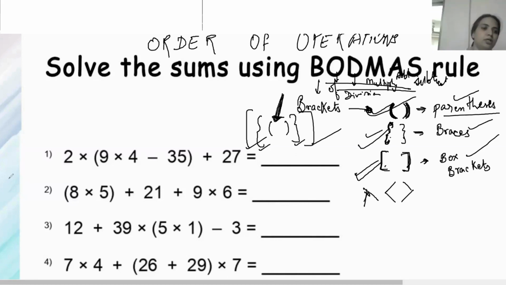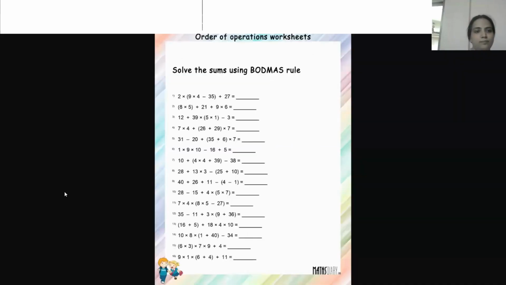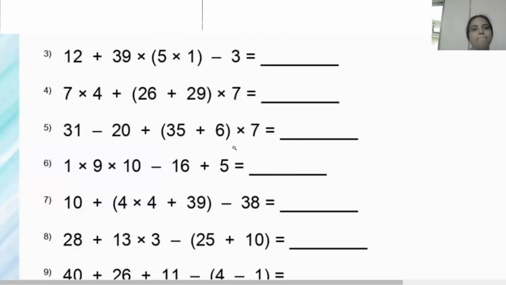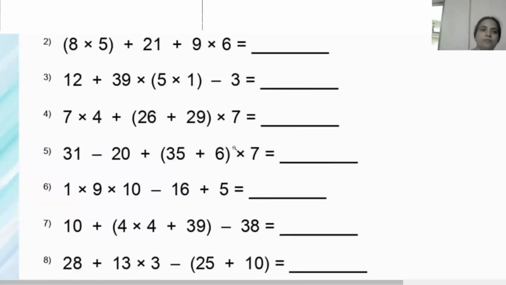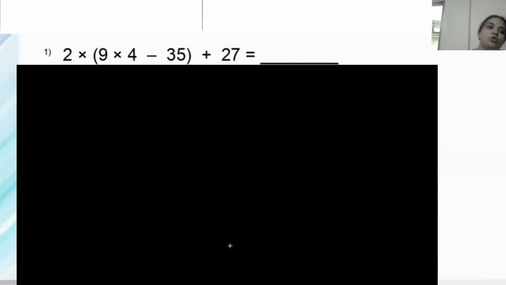Okay. Now, we are starting to solve this. This is the first part on screen that you can see, but you are expected to write the complete solution of it.